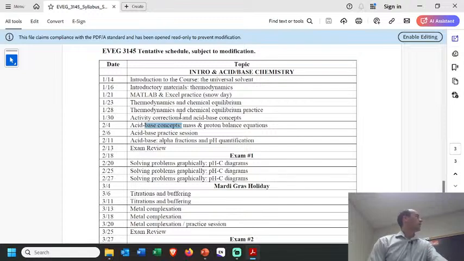Today we're going to talk about these activity corrections and introduce some of the acid-base stuff. So by the time exam review comes around, you'll have finished a homework that encompasses everything we're doing with acid-base and the equilibria thermodynamics. Okay, so that's the plan for now.